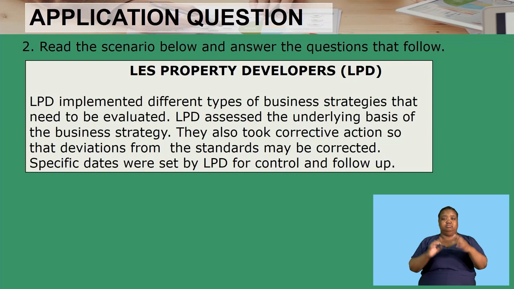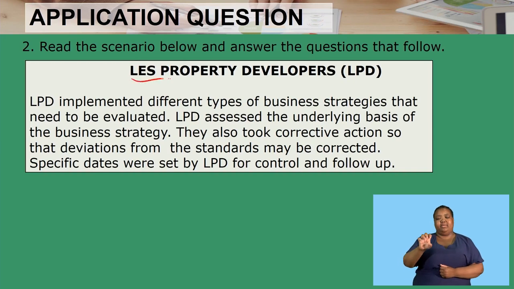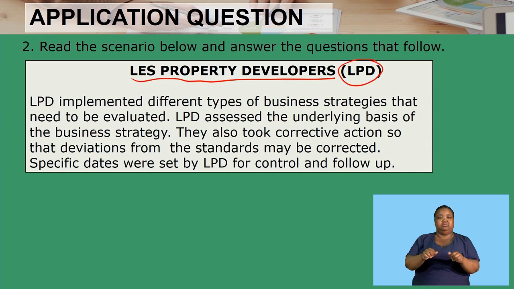As mentioned, we are doing the business strategies and we are focusing on the application questions of these business strategies. Our question says, read the scenario below and answer the questions that follow. We've got Less Property Developers, which is LPD. LPD implemented different types of business strategies that need to be evaluated.